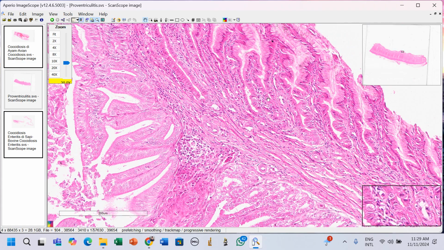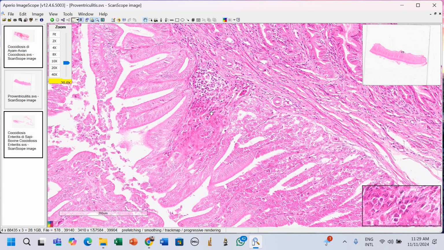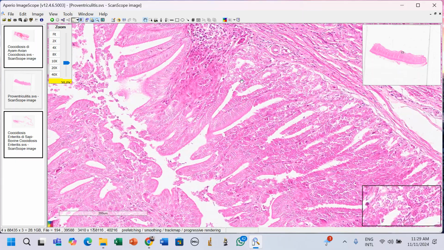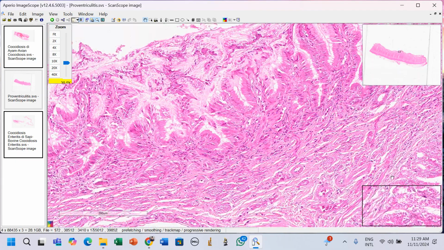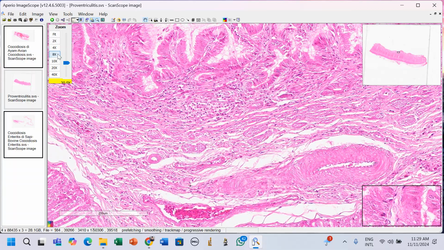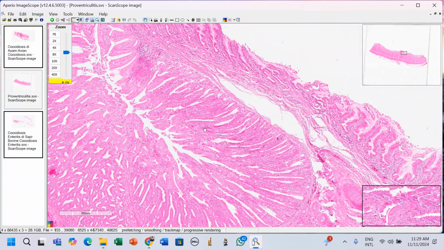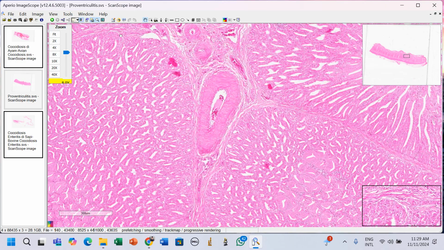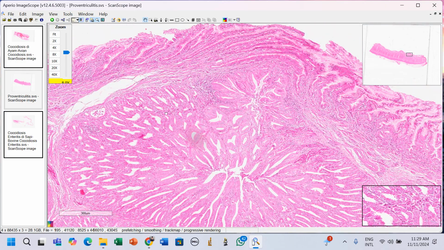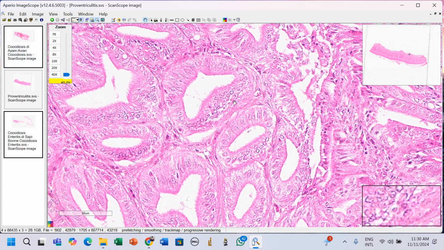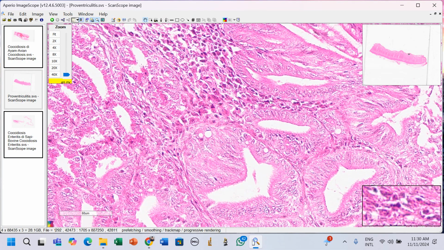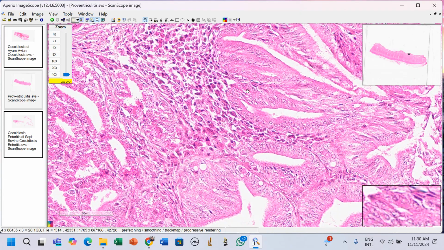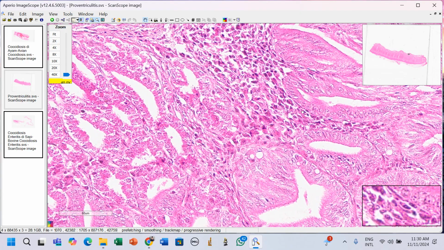So the inflammatory cells will be seen just under the epithelia and also between the glandular parts of the proventriculus. See here. Here, these are the inflammatory cells just between the glands of the proventriculus.